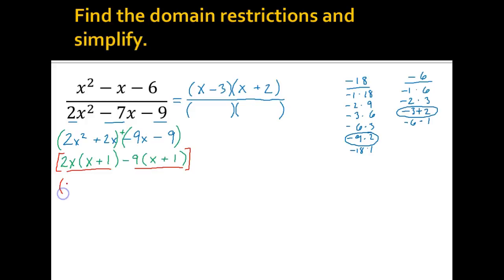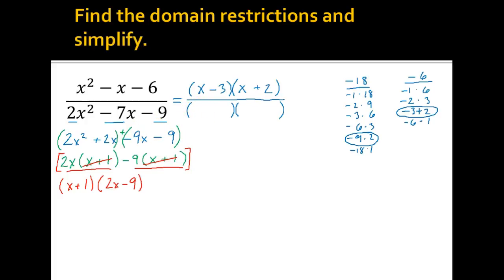So we'll take that out, x plus 1, and when we divide it out, we're left with 2x minus 9. Now, that method is really elegant. It works really well, and it works every time that it can work. The trinomial can be factored.